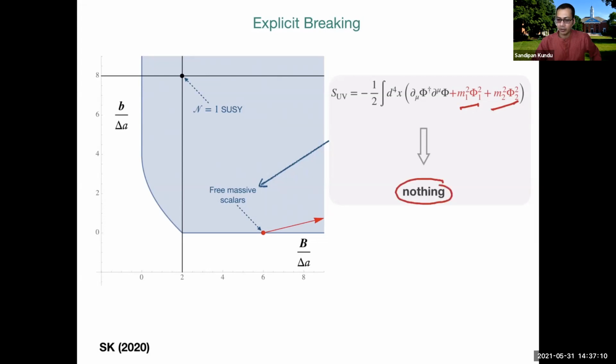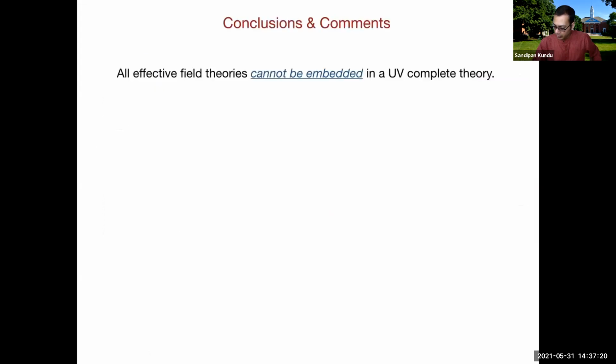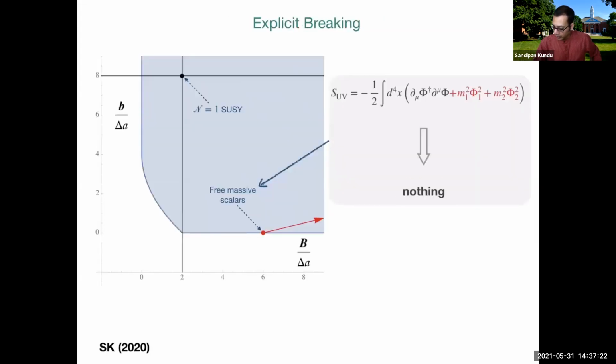So in the IR, you have a trivial theory, and you can actually compute the effective action associated with this RG flow, and you can show that in the limit M1 goes to M2, but they're still different, it sits on the boundary, and as you increase the difference, this goes in. So this is also consistent with the general bound.